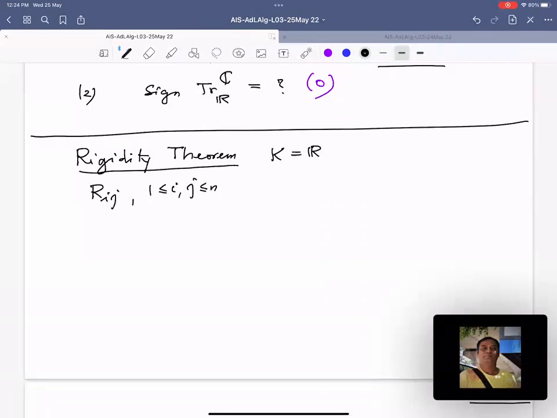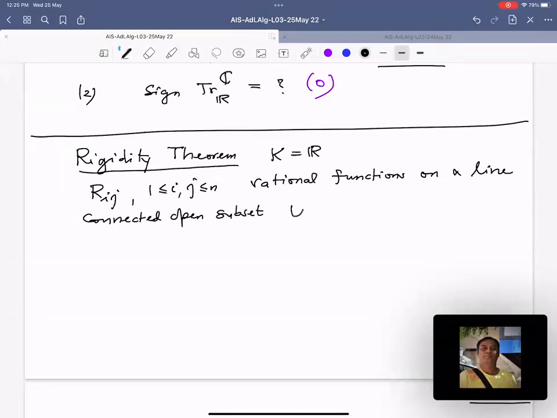These are rational functions on a line connected open subset U of R^N.